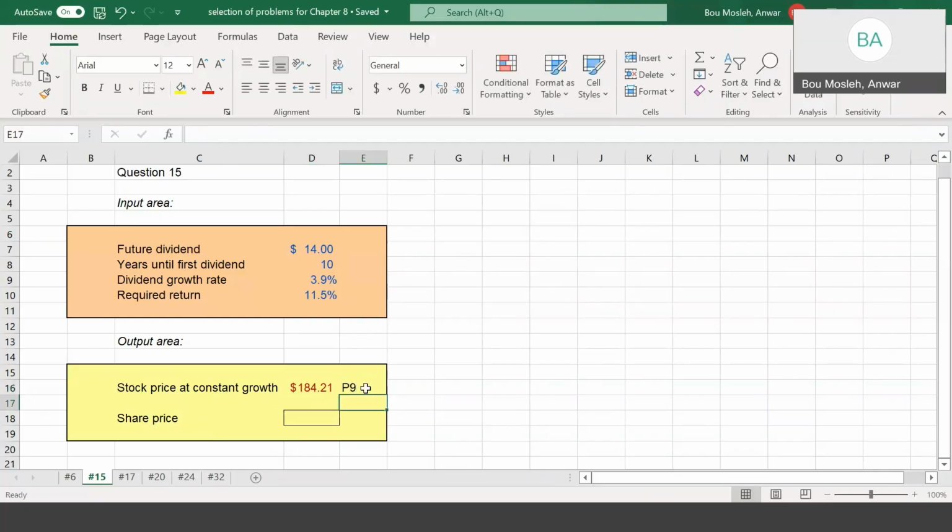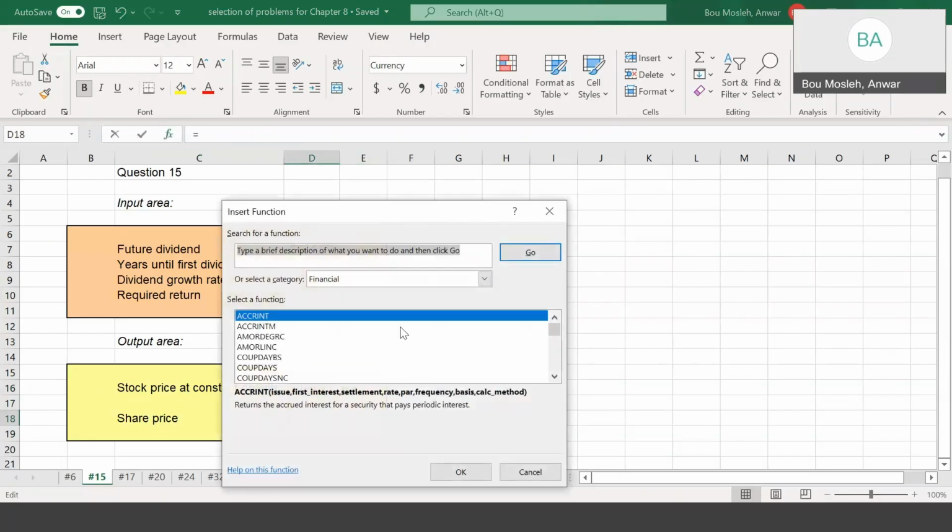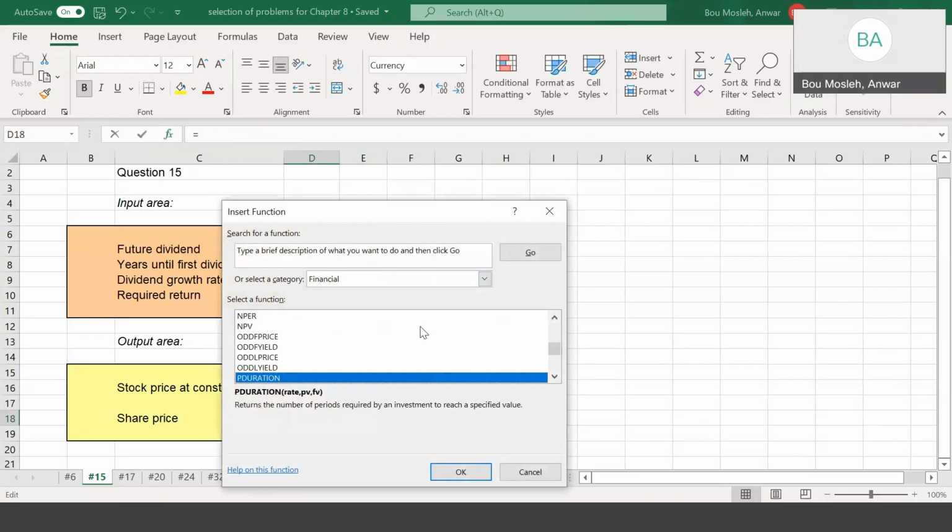Price in period 9. Well, what is the price today? Well, if this is P9 and we want P0, we're going to discount this back to the present. So we're going to find the present value of this.